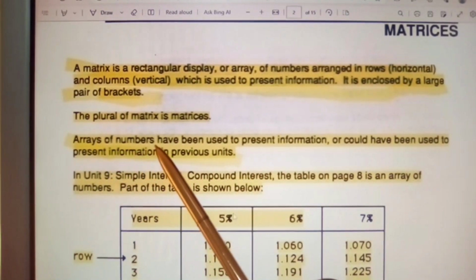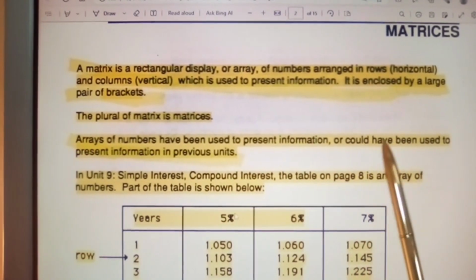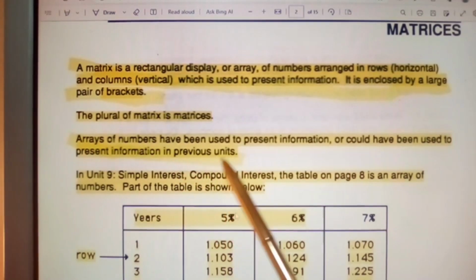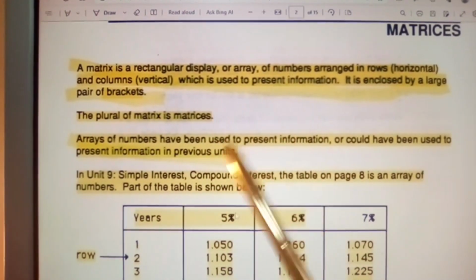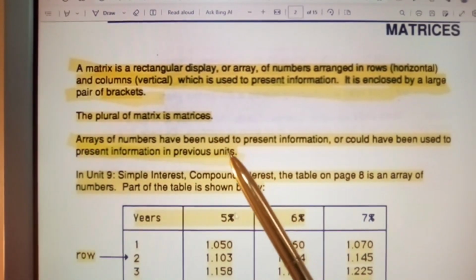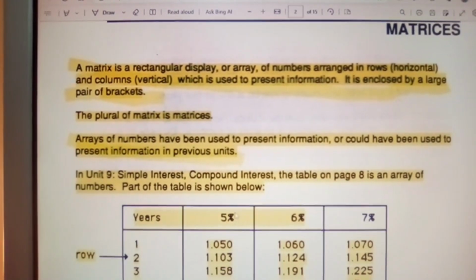Arrays of numbers have been used to present information in previous units. We're just looking back at the fact that we may have used them before, but this won't apply to you because you have not done my units previously, so you will take it from this point in time.